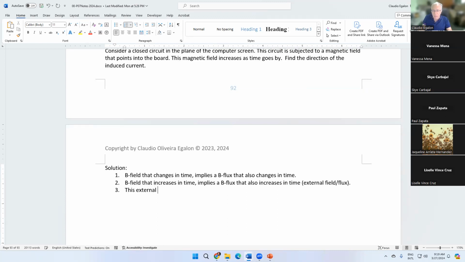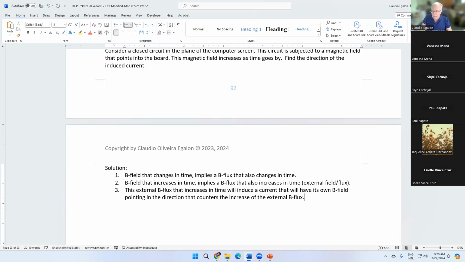This external B flux that increases in time will induce a current that will have its own B field pointing in the direction that counters the increase of the external B flux.